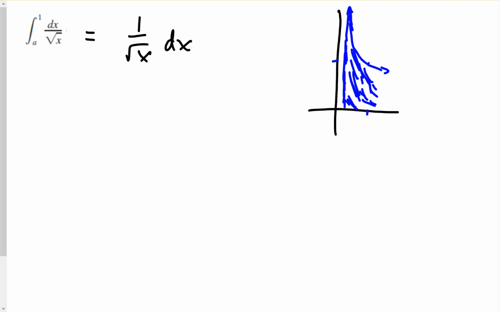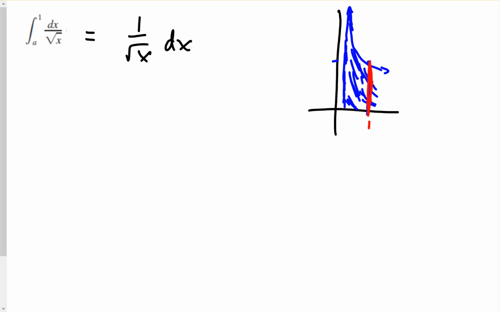Okay, so what we'll do is we'll cap it at 1. Right, because we're going from a to 1. Now, as we get closer and closer to the vertical asymptote, we're going to approach a from, we're going to go to 0 from the plus side, right?